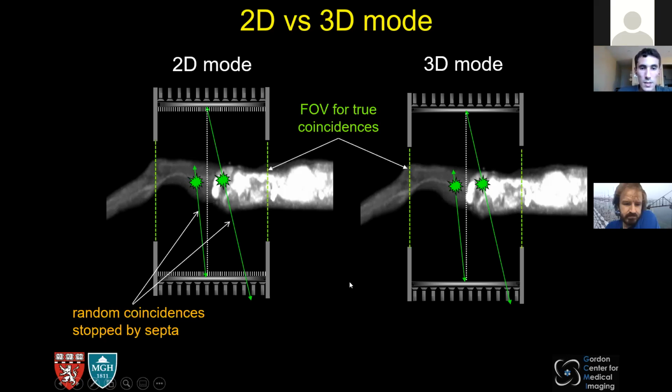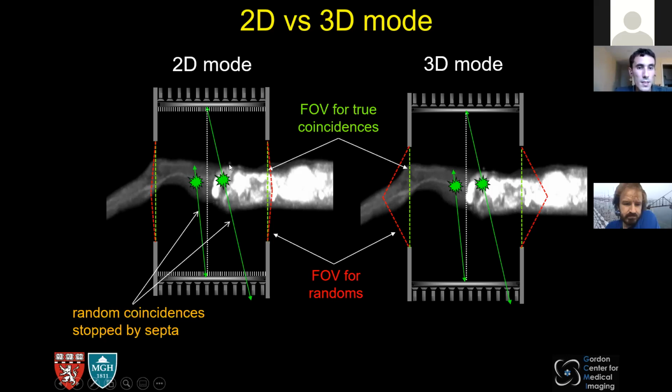Something also contributing to the increased randoms in 3D mode is that your field of view for randoms is actually a bit larger for 3D mode as compared to the 2D mode. So this is the field of view for true coincidences. It's the same for the 3D mode, because true coincidences have to come from here if they are to be detected by your PET scanner. And this is the field of view for randoms.